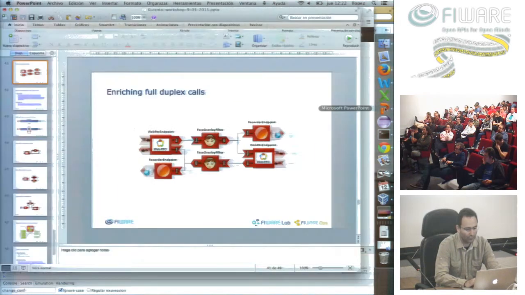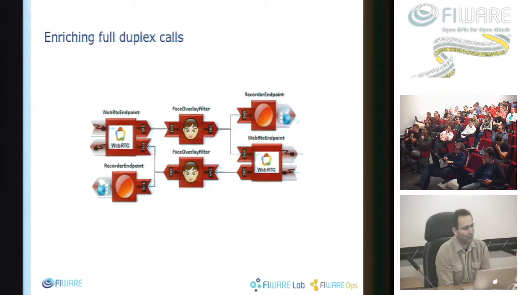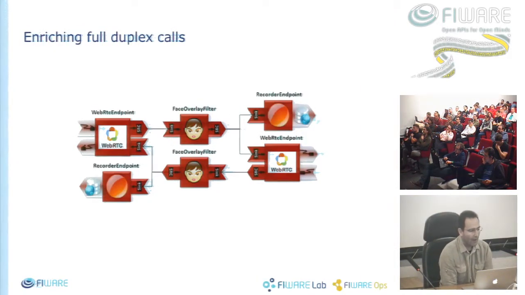And to check if you understand how Kurento works, I would like to ask among you, how do I need to modify the pipeline so that I just record the face but not the hat on top of the face? How can I modify the pipeline? Change the recorder near the source.